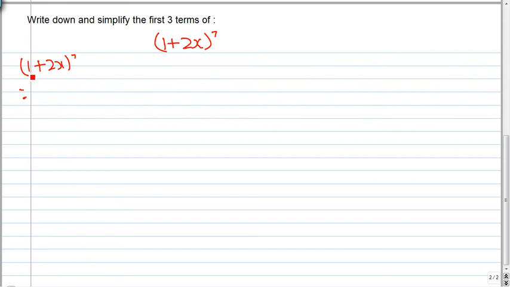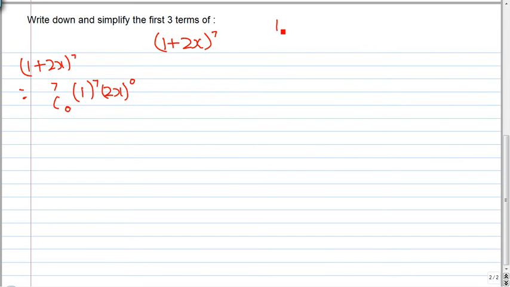For the very first term, you write nC0. I forgot that n is actually equal to 7, so let's write 7C0, 1 to the power of 7, 2x to the power of 0. 0 plus 7 is equal to 7, check. So that's your very first term.